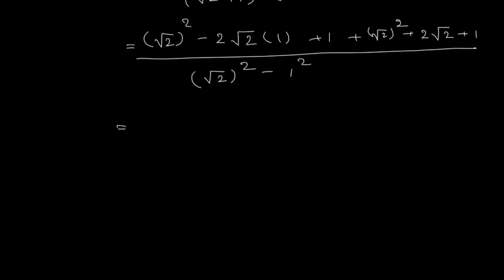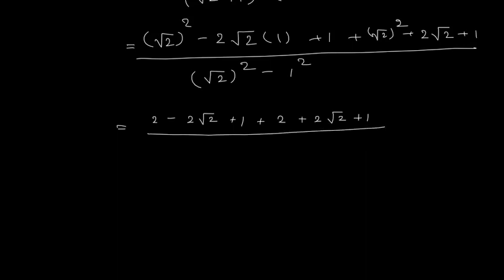Root 2 square is 2, minus 2 root 2, plus 1, plus root 2 square is 2, plus 2 root 2, plus 1, whole divided by root 2 square is 2 minus 1.